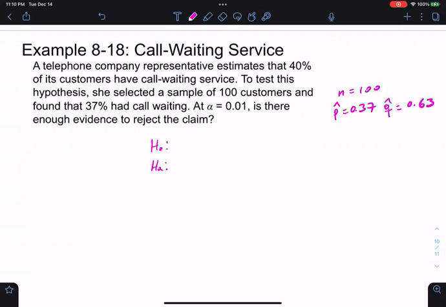The company representative says p is 0.40, and the alternative is not equal to 0.40.